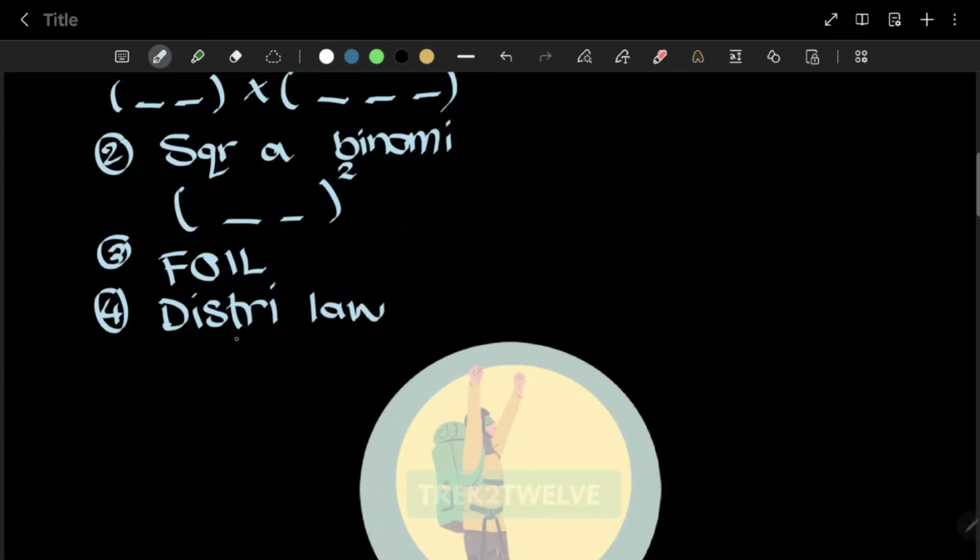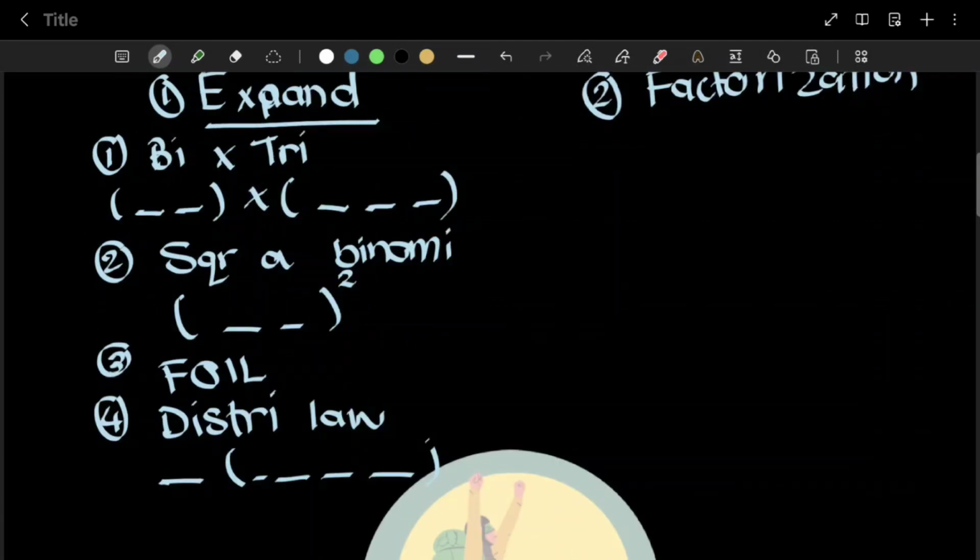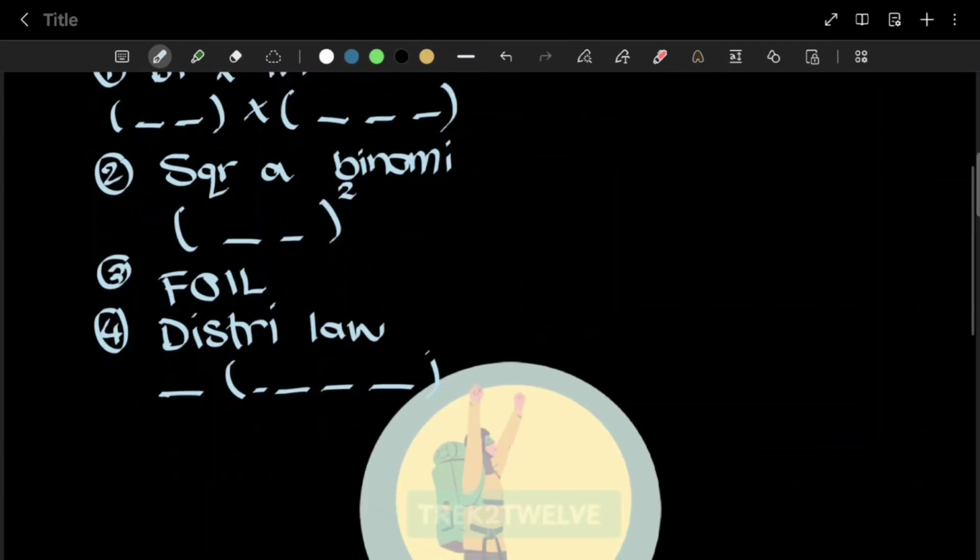This one is basically when we've got one term that's multiplying a polynomial, so there could be any number of terms inside the bracket. And FOIL is basically when there are 2 terms in a bracket multiplying with another bracket that has 2 terms in it.